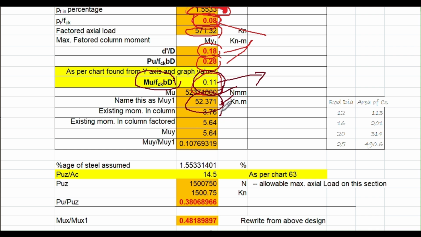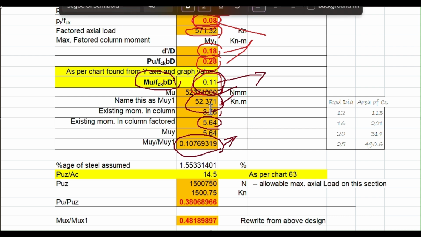Whereas the existing moment in the column, the factored existing moment in the column, is this one. Then find this value. This value is the actual moment divided by the resisting moment, the available moment or resisting moment as per the chart. How to find this?